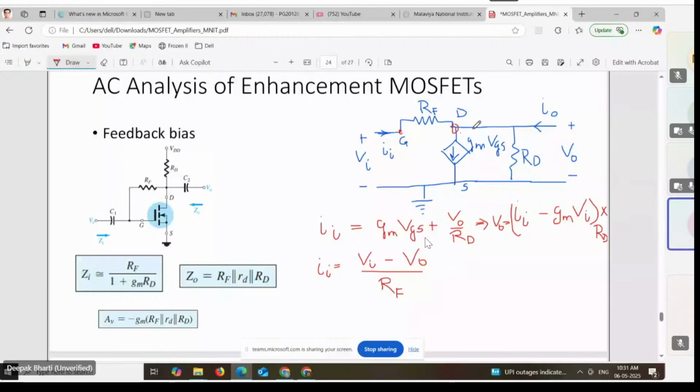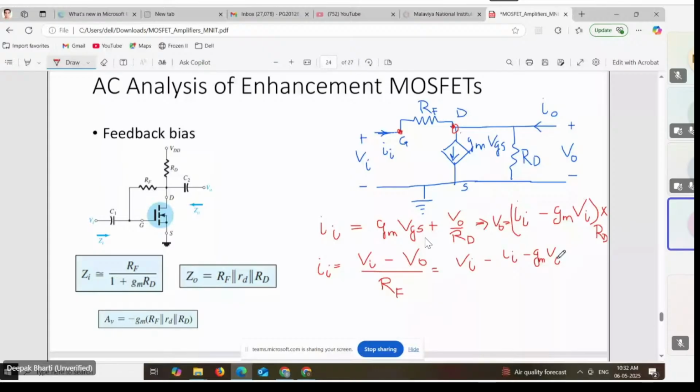Okay, and we know the potential across each end of the RF. So this side it is Vi and this side it is V naught. So it is Vi minus V naught by RF. Now V naught we have already obtained here, in terms of Ii and Vi. So let's write this: Vi minus (Ii minus gm Vi) upon RF.